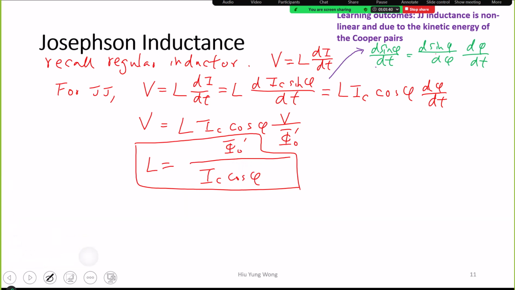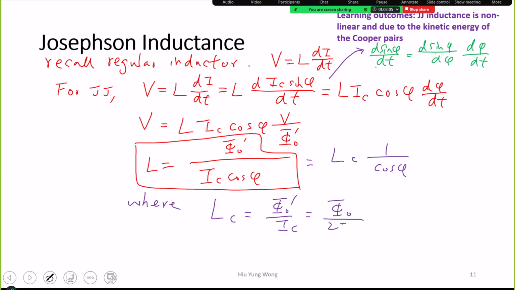So we further define this as LC over cosine phi, where LC equals phi naught dash divided by IC, or equal to phi naught divided by 2 pi IC. And this is called the Josephson inductance.